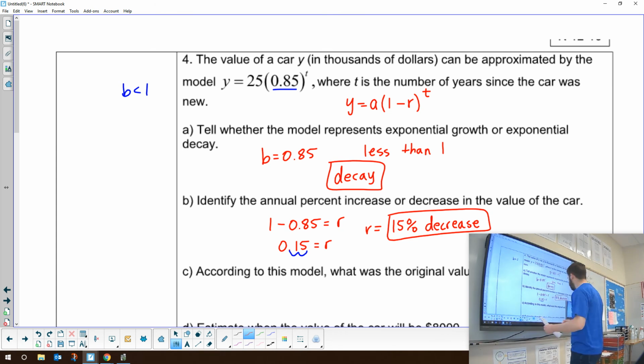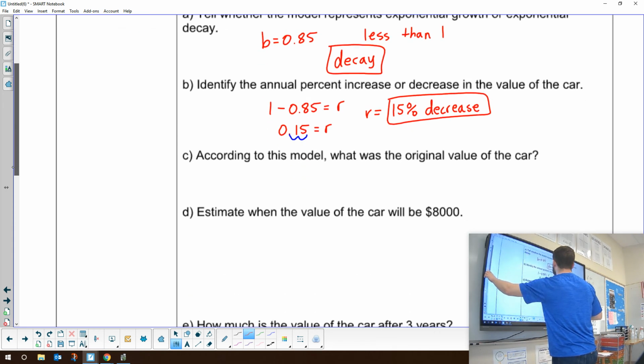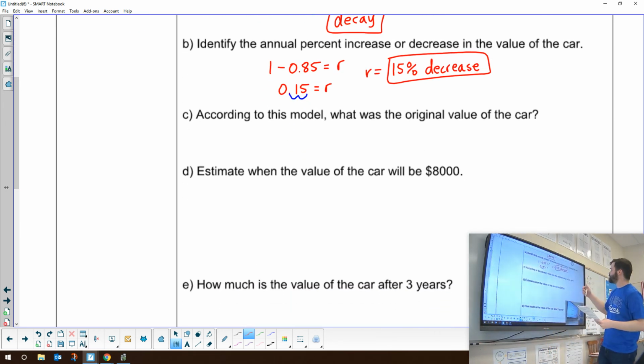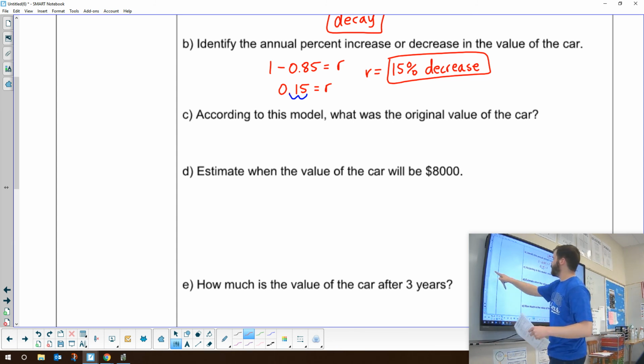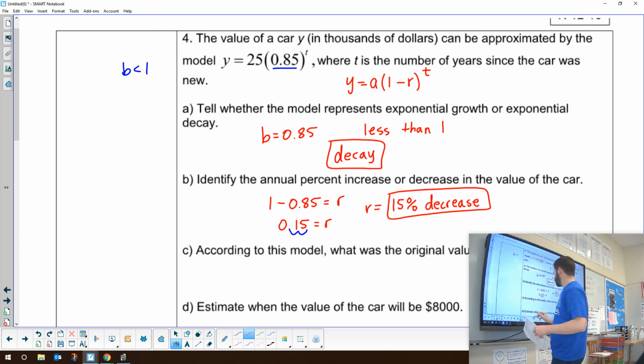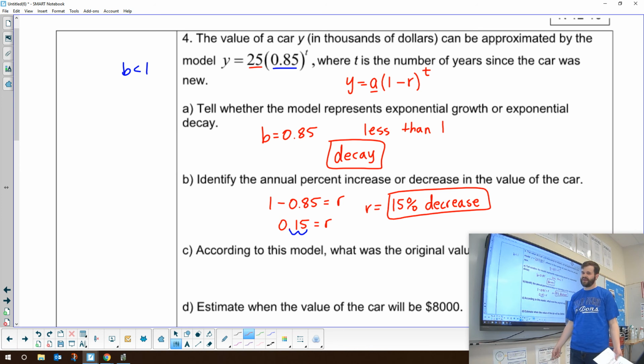Okay? Now, if we continue onwards and we take a look at C, according to this model, what was the original value of the car? So looking back at our equation, we can tell what the original value of the car is. It is 25. Oh, hold on, because that's my A. But a car that's worth $25, that's definitely not going to work.